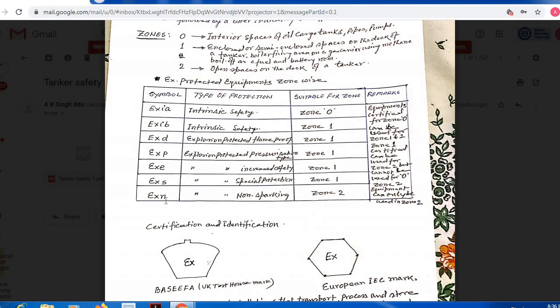So this has to be tested, then inspected, and only then the authorities put a stamp on the equipment, indicating that it is in compliance with the requirements. If it is used in particular zones with a particular gas group and the various characteristics of the gas, then its suitability as per the gas characteristics, its temperature classification, gas group, etc., we will be talking about in the next class.